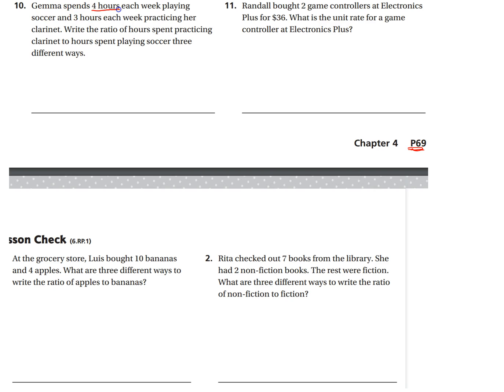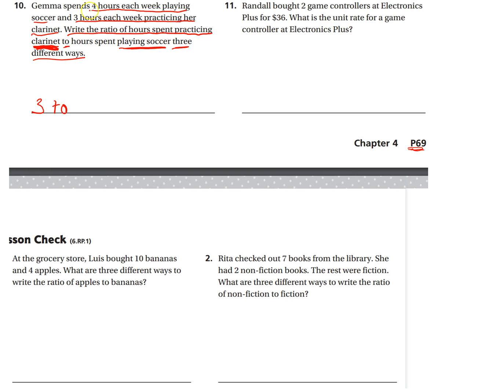Gemma spends 4 hours each week playing soccer, 3 hours each week practicing her clarinet. Write the ratio of hours spent practicing clarinet to hours spent playing soccer, and then write it 3 different ways. So clarinet first, so 3 hours each week playing clarinet, so clarinet goes first.